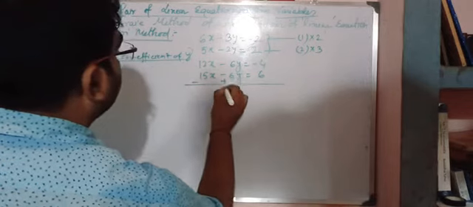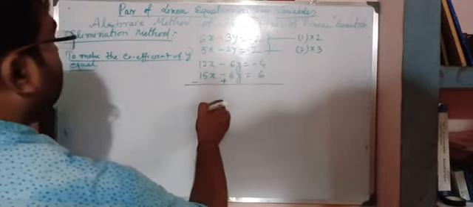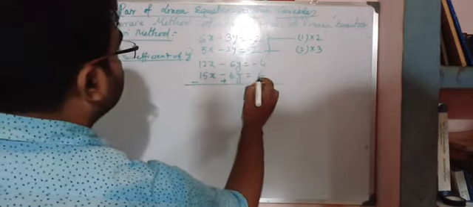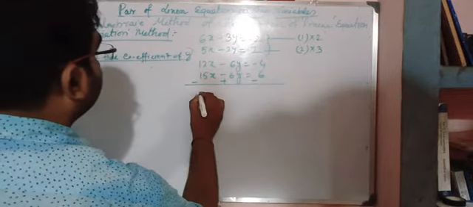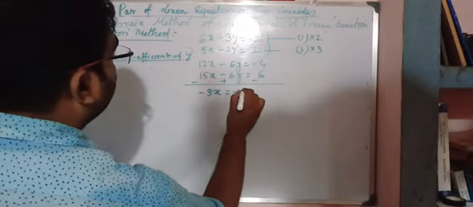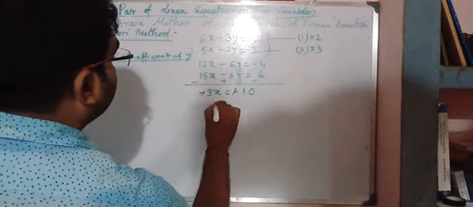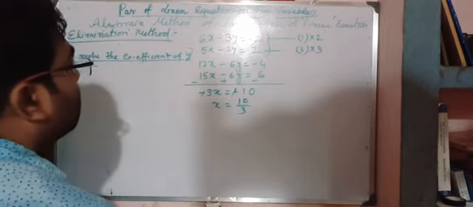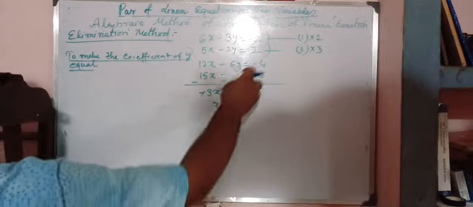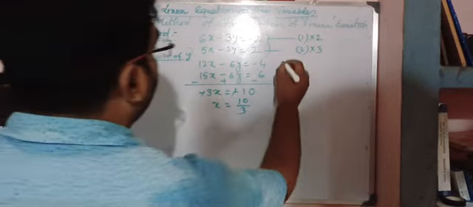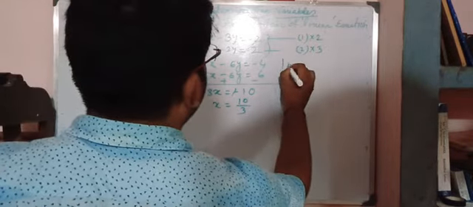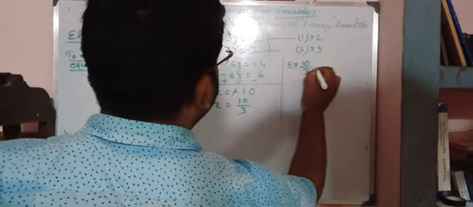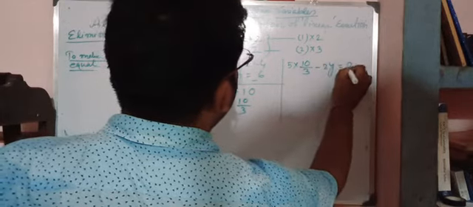Subtracting, this will be plus because we have to eliminate that, and this will also change sign. Now we get minus 3x equal to minus 10, so x is equal to 10 by 3. Now put this value of x in equation number 2. We get 5 into 10 by 3 minus 2y is equal to 2.